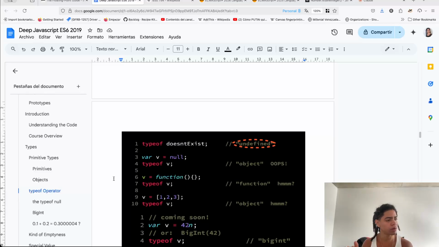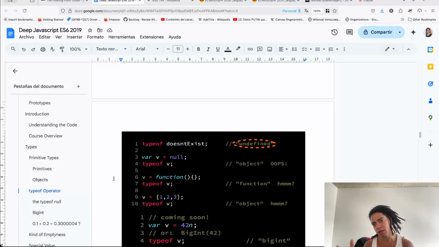When we explored undefined, no problem. But when it's null, typeof returns object. This is for historical reasons: in ES1, if you wanted to unset a primitive value, you used undefined, but if you wanted to unset an object, you used null.